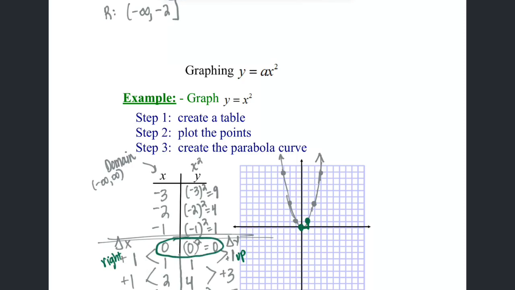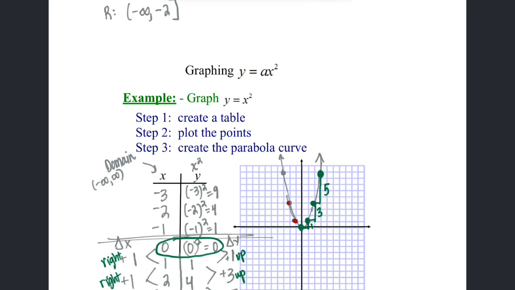So from the vertex, 0, 0, right 1, up 1. And then we have right 1, up 3. And that's where our next point goes. And then we have right 1, up 5.